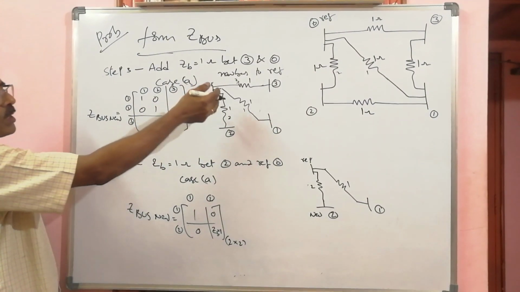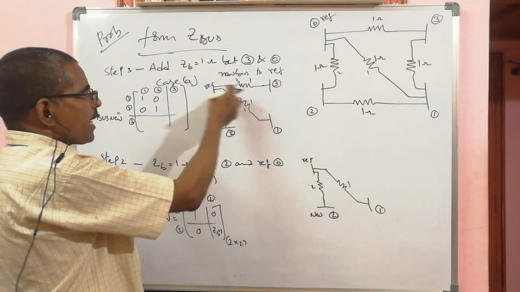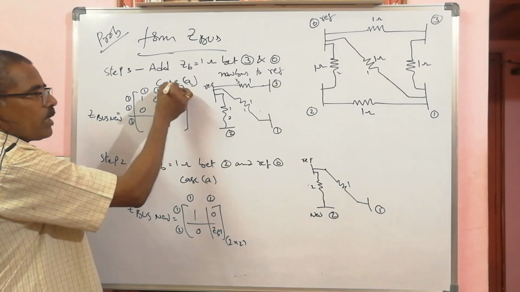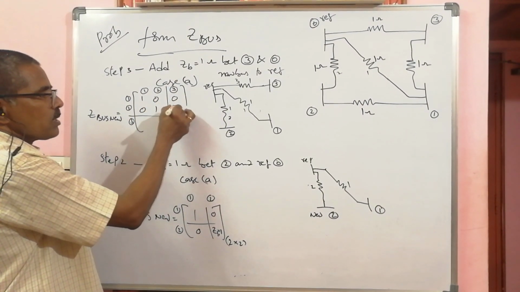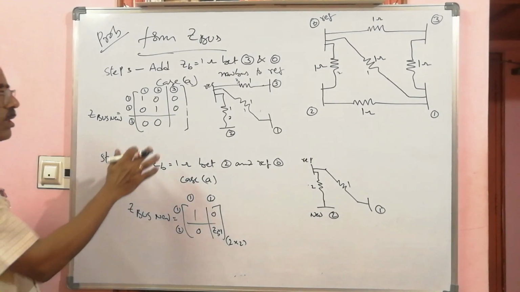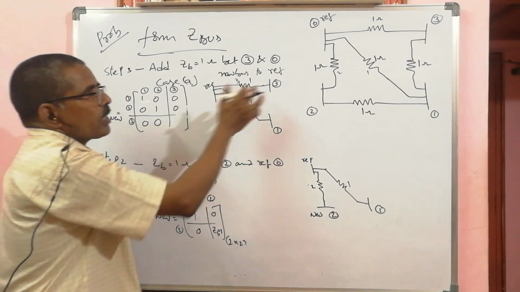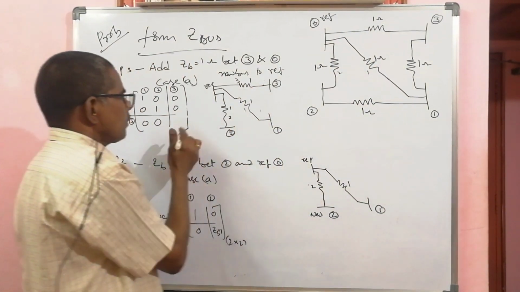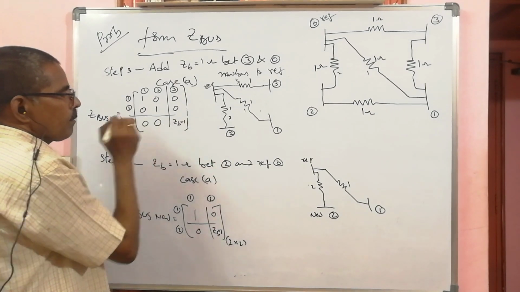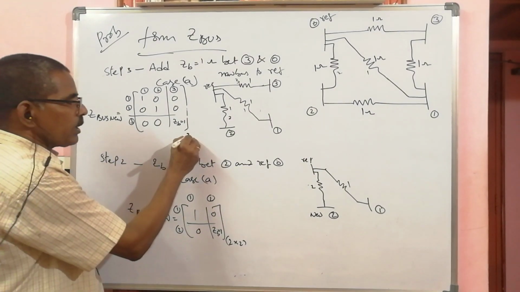Because of the third bus, which is a new bus getting added to the system, what you are expected to do? Case A only. Case A suggests fill up all new row and new column with zeros, and this must be ZB. What is ZB? ZB is also 1. Okay, so which is becoming 3 by 3.